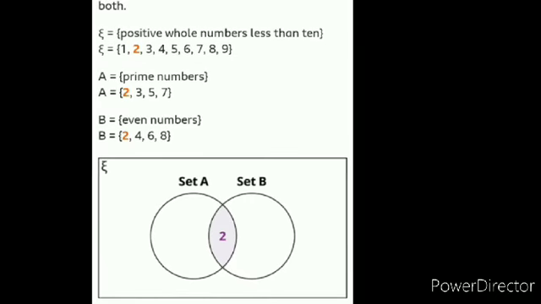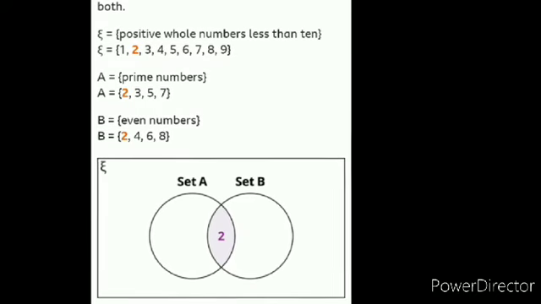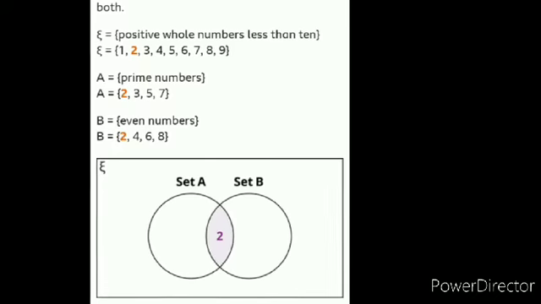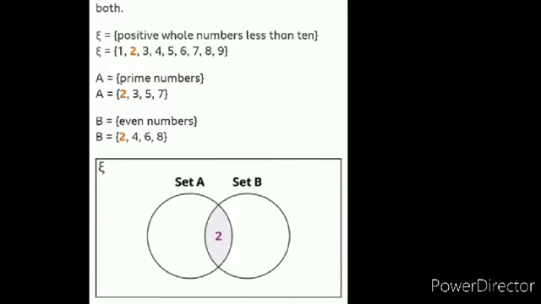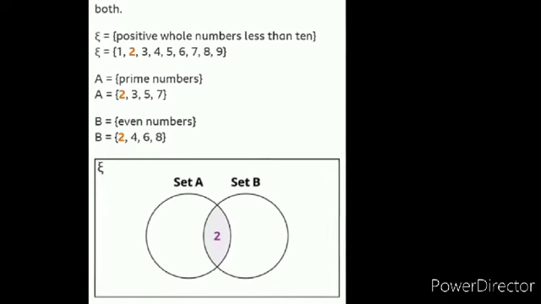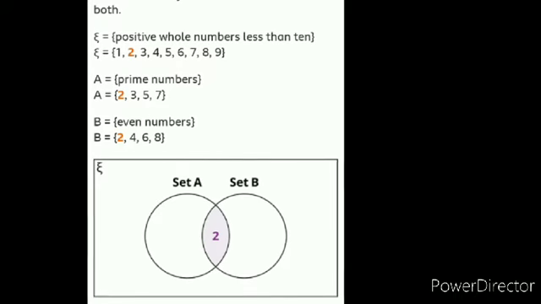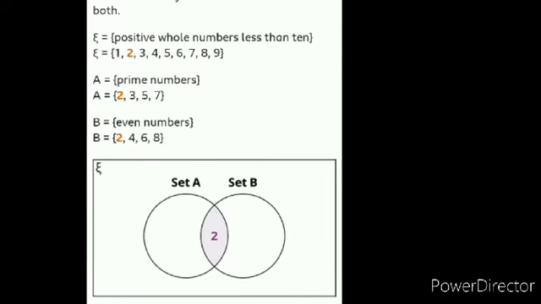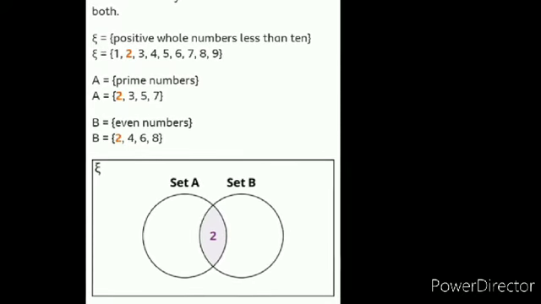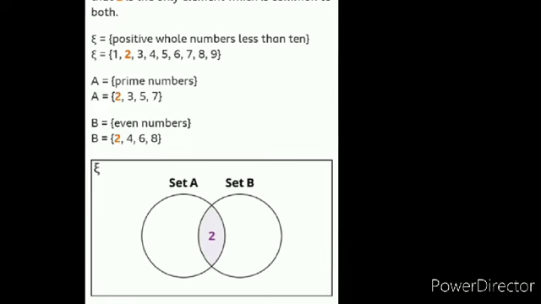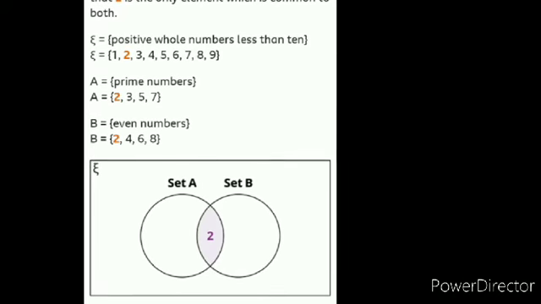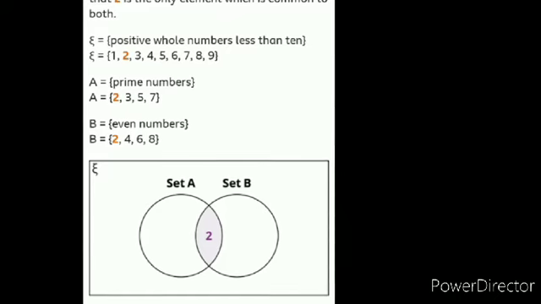If we want to represent these sets in the Venn diagram, you see on screen set A and set B. 2 is in both set A and set B. When entering elements, it's easiest to begin with the elements in the overlap.